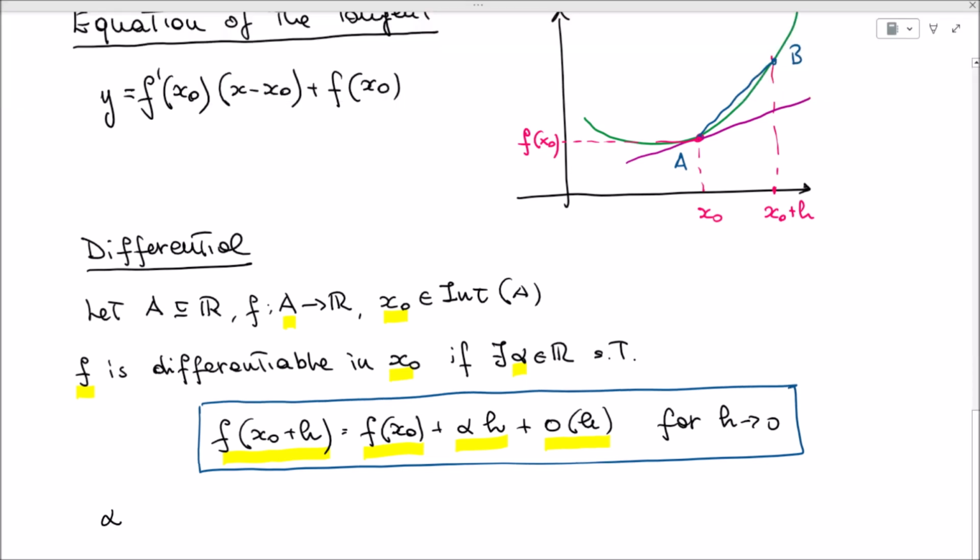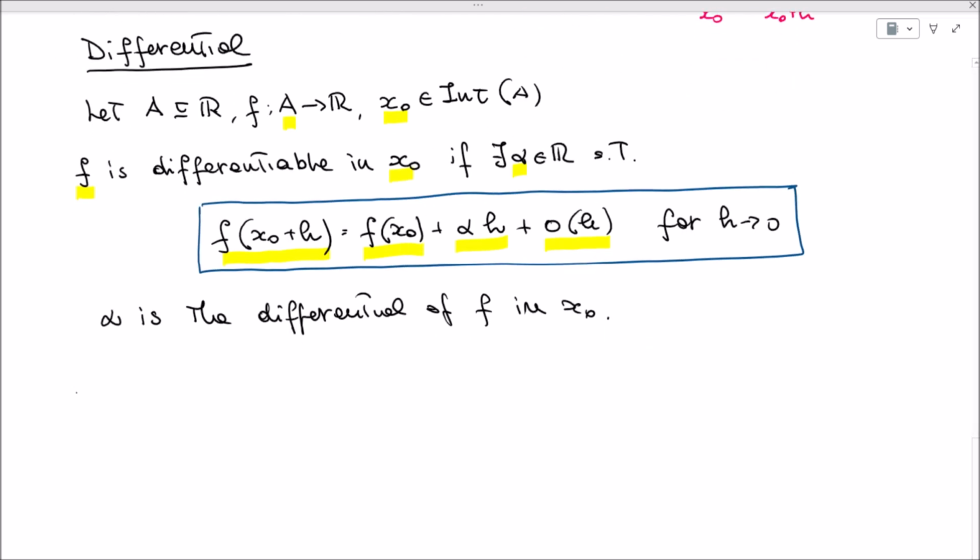Now alpha is the differential of f at the point x naught. And now we have a theorem.